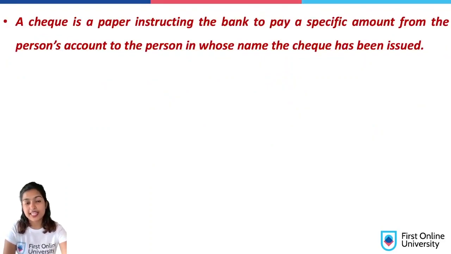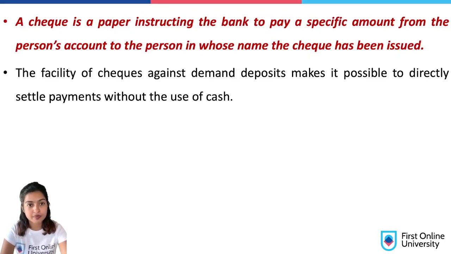So let us see exactly what a check is. A check is a paper instructing the bank to pay a specific amount of money from the person's account to the person in whose name the check has been issued. It is a transfer of money from one person to another. The facility of checks against demand deposits makes it possible to directly settle payments without the direct use of cash.